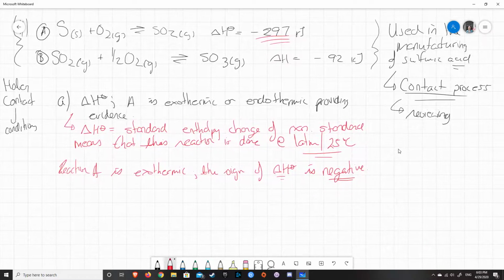Okay, so I'll go down a little bit to part B. I'll change back to black for the question. So B, it says, at room temperature, sulfur trioxide is solid. So at room temperature, SO3 is solid.